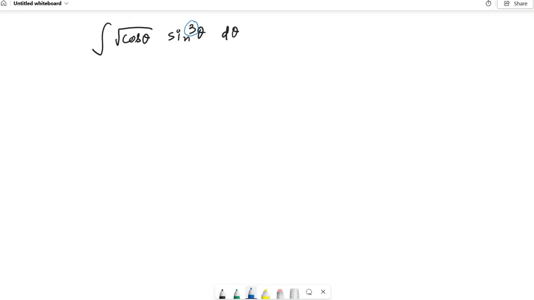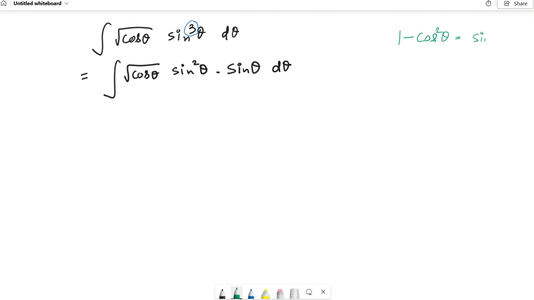We are going to use a similar technique which we just learned. From the odd power of sine, we're going to peel one sine away. Peeling it away means that you need to split it as sine square theta times sine theta. Okay. As we wrote the formula, 1 minus cosine square theta can be replaced in place of sine square theta.